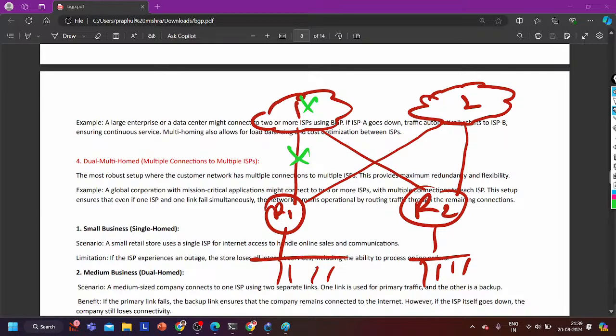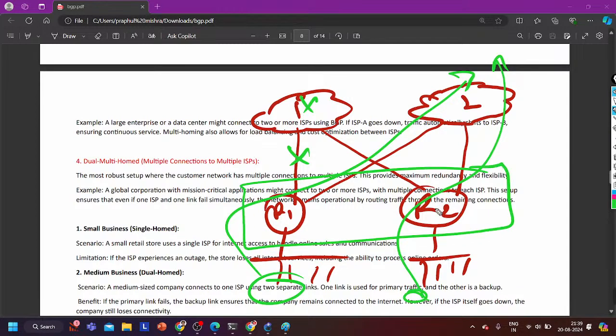Even in this scenario we can distribute the traffic, right? Some users can reach ISP2 via router number 1. Some users can reach the internet via router number 2 to ISP2, right? So the biggest advantage of this design is that we can distribute the traffic, right?